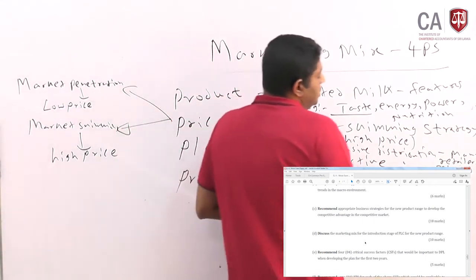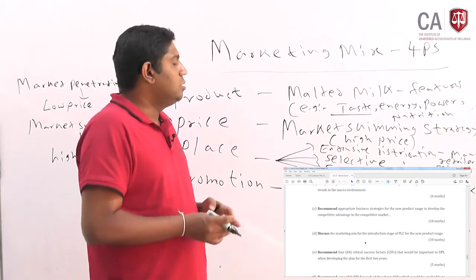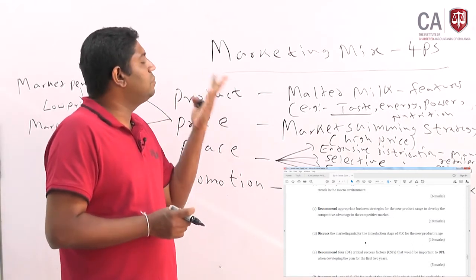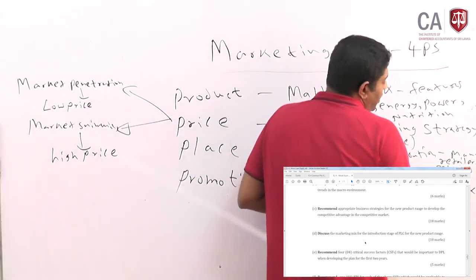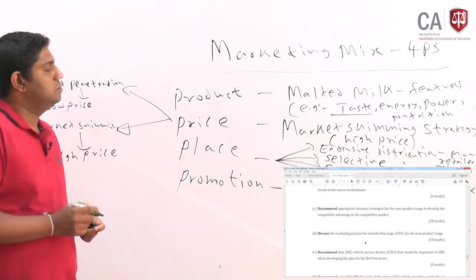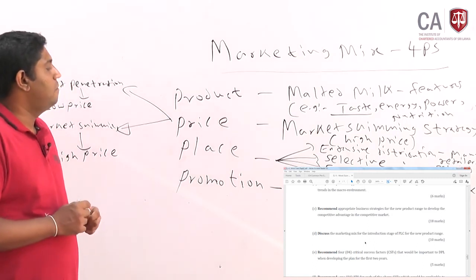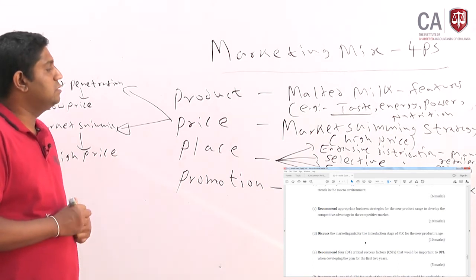Here this is not possible at all. Direct distribution means the manufacturer himself tries to sell the product directly to the customers online. That may also not be appropriate for this type of product initially.